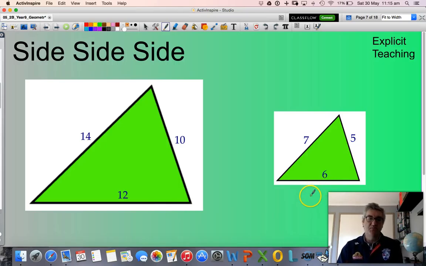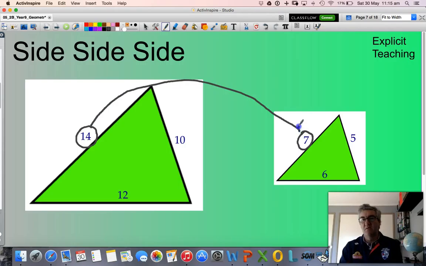What I like to do is look for the longest side length over here and the longest side length over here. And I look to see what I can multiply these by. In other words, 7 divided by 14 equals 0.5. So I consider that to be my scaling factor.